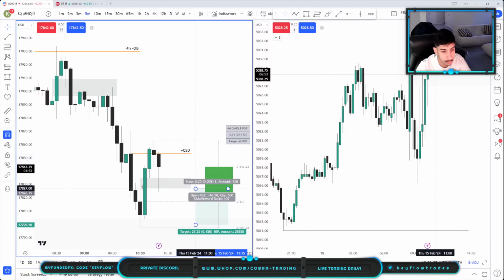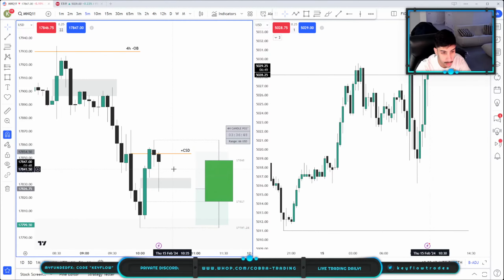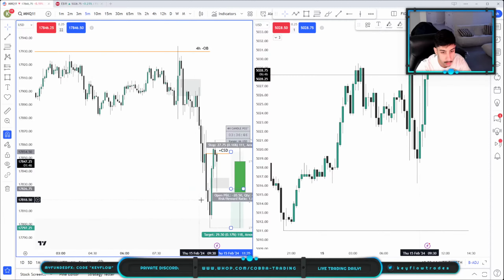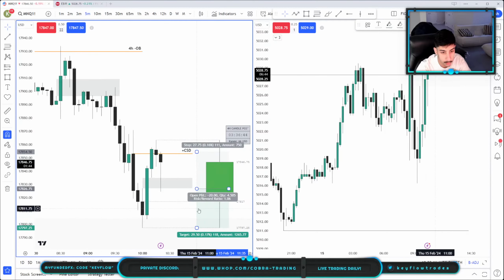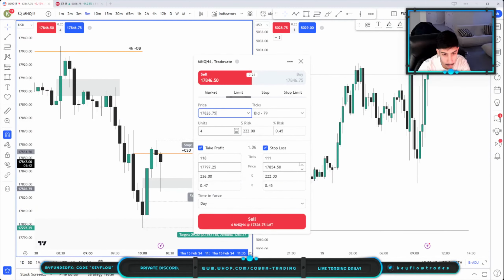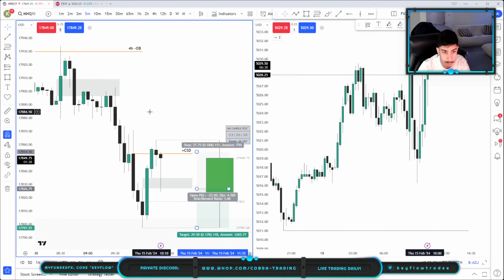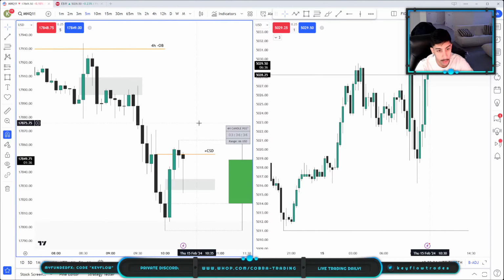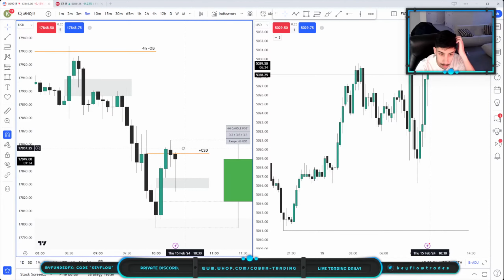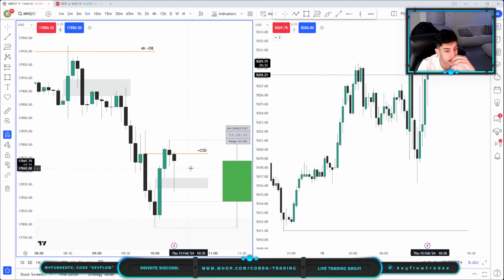Damn, was that liquidity? So if I was to short this, stop loss up there, entry down here, and then TP's lower. Not a lot of risk either. Dude, I might have been liquidity, guys. I'll re-enter this if I need to, but I might have just been liquidity right there.